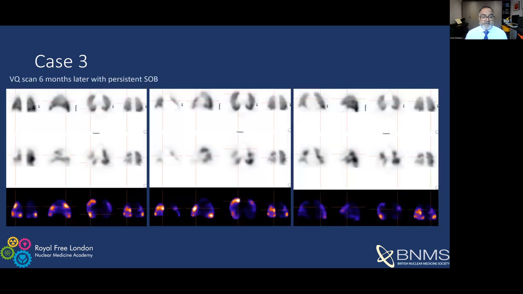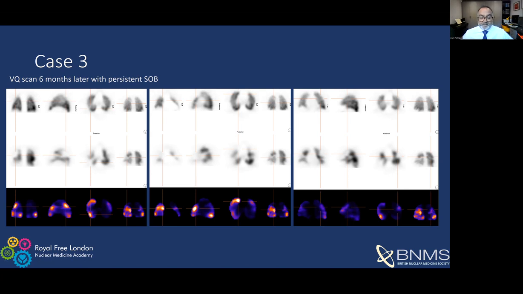The VQ scan in this patient, done 6 months after their CTPA, after they've been treated and anticoagulated, shows quite extensive mismatched perfusion defects. So you can see on this bottom row, we've got multiple perfusion defects that are not matched on the ventilation study, and the VQ quotient imaging highlights those mismatched segments quite clearly.